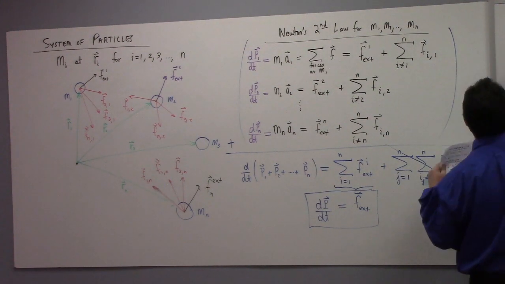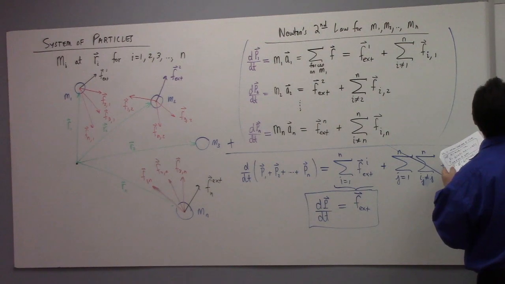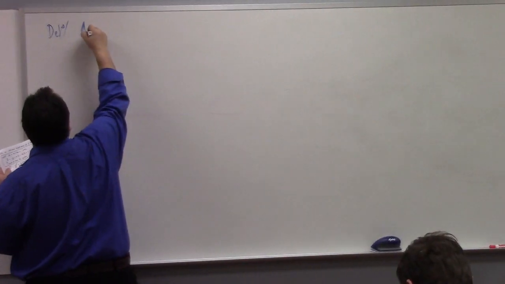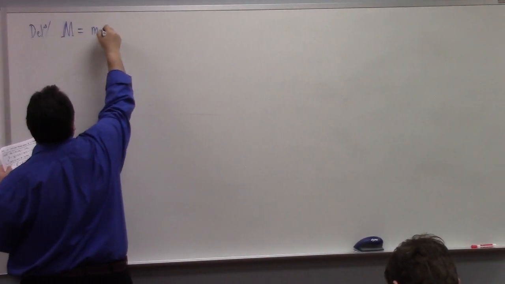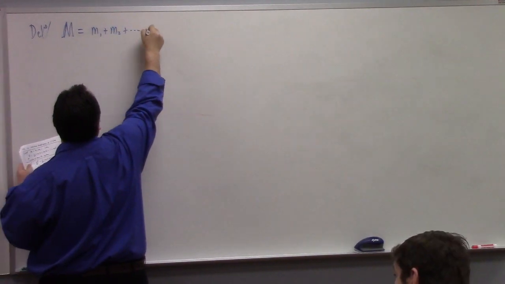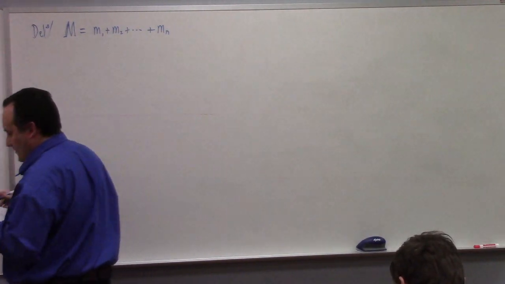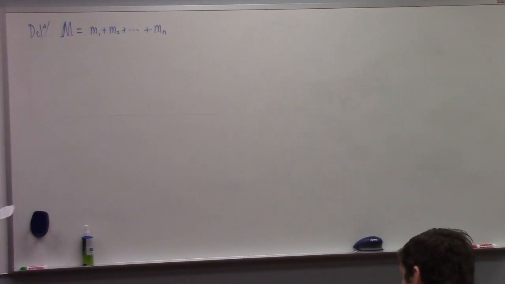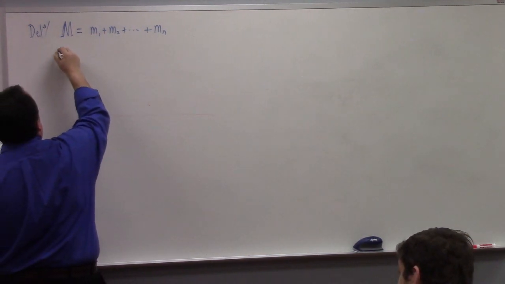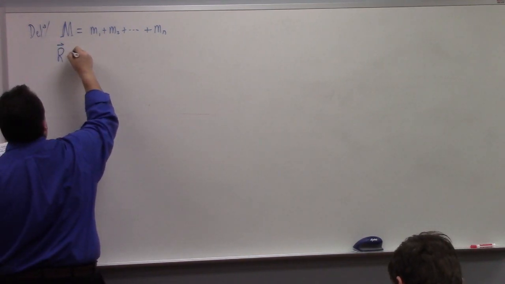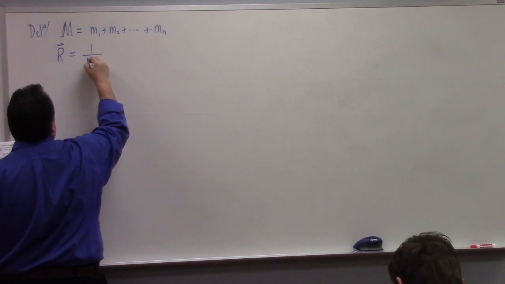Definition. The total mass, big M, is just going to be the sum of the masses. The center of mass is the weighted average.